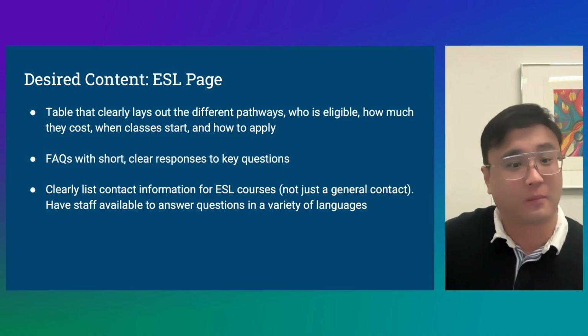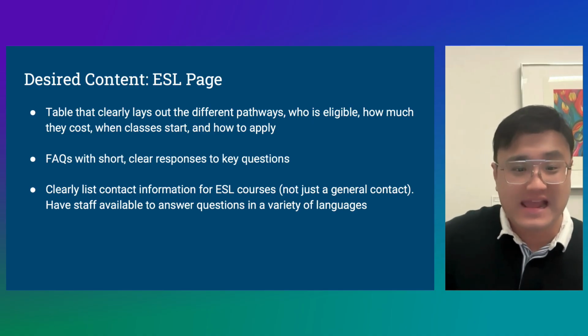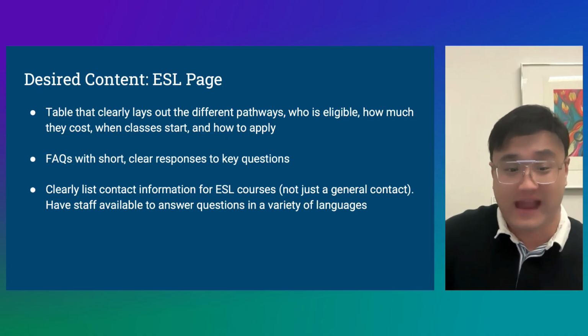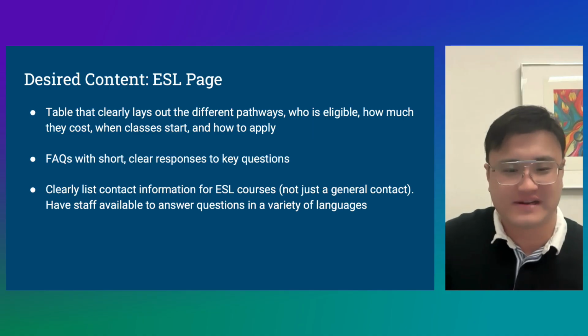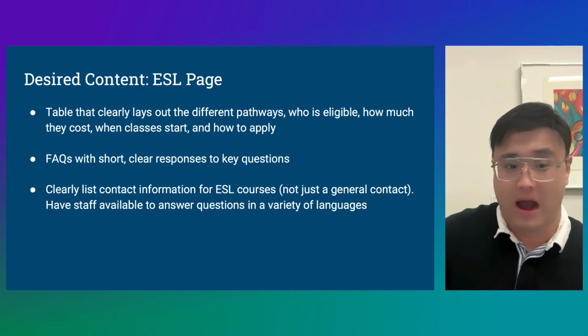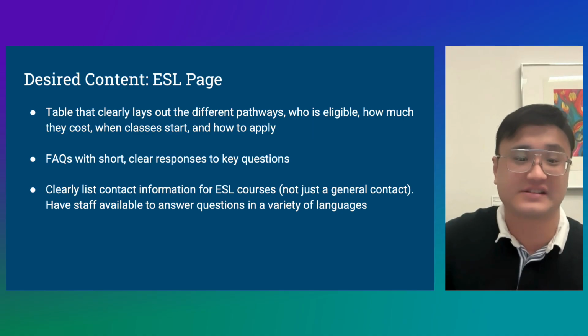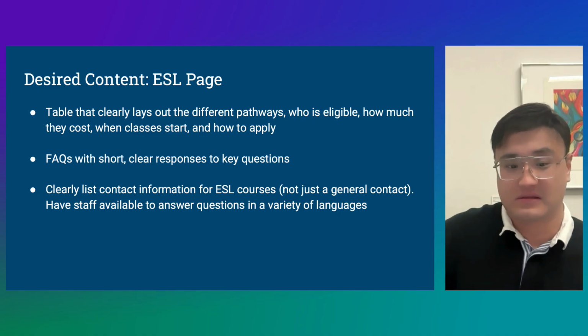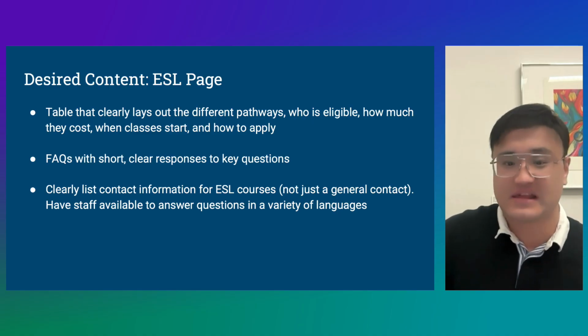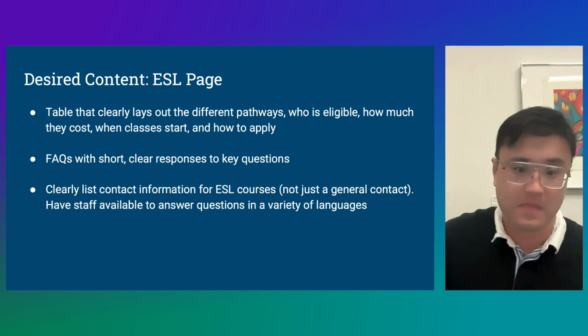Lastly, but very important, is to list the contact information. But the contact information is not just general department contact information. I recommend we list your bilingual staff contact information, including their schedule, their language, their email, and direct phone.